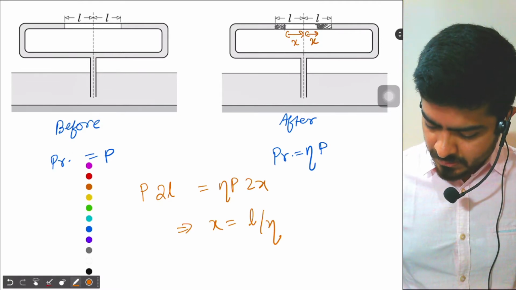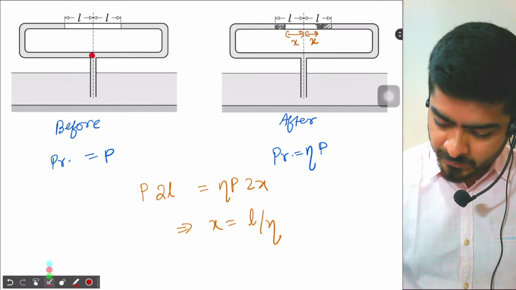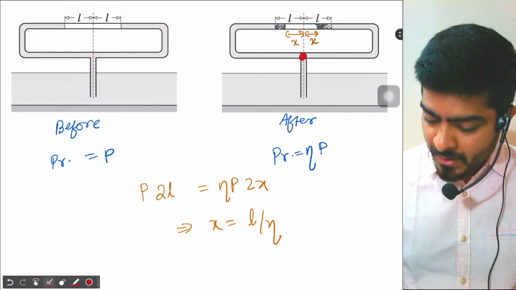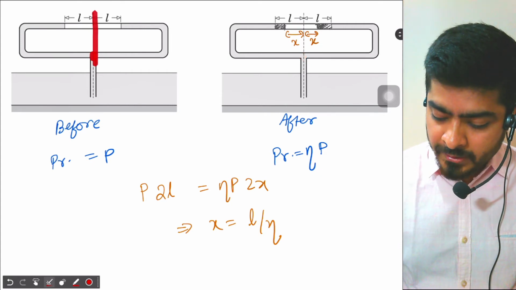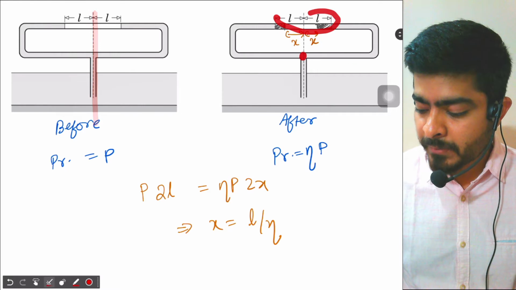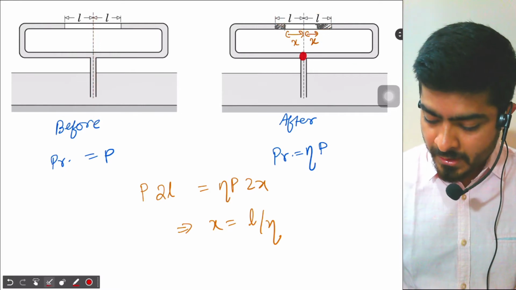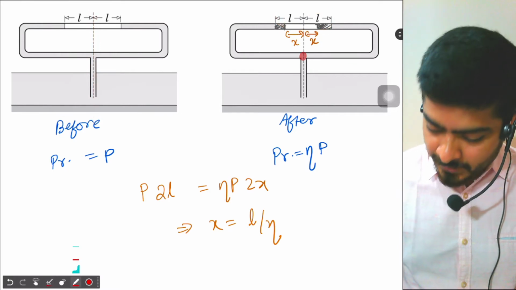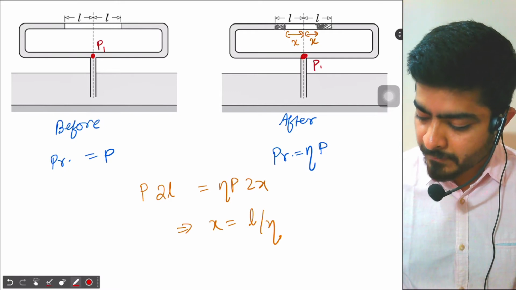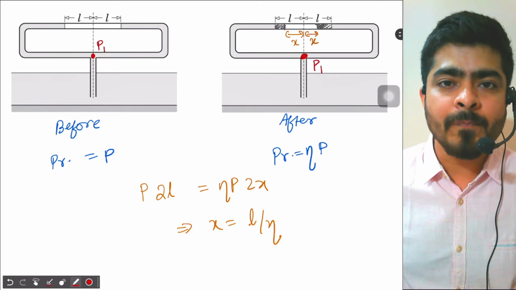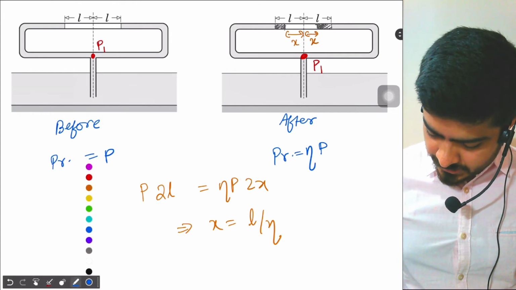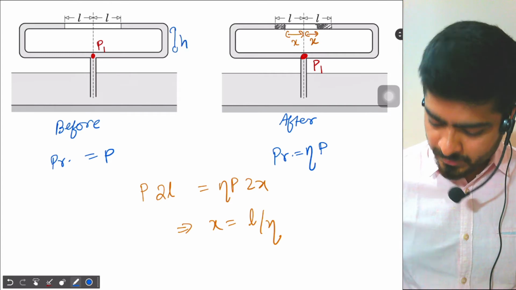Now, look at this particular point in the second case. This point is lying on the axis, so the rotation of the tube will not affect the pressure at this point. So before and after, in both the cases, the pressure at this point will remain the same, and let's call that pressure P1. Now let's say that this height is equal to h.